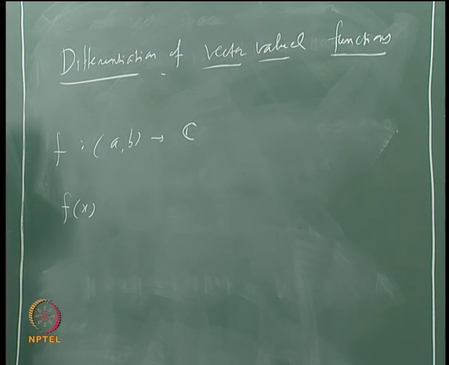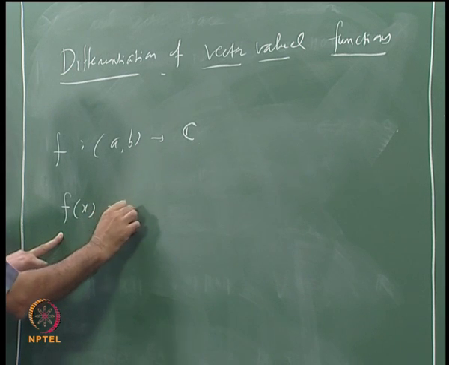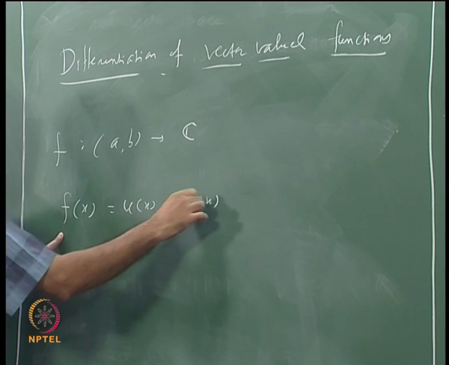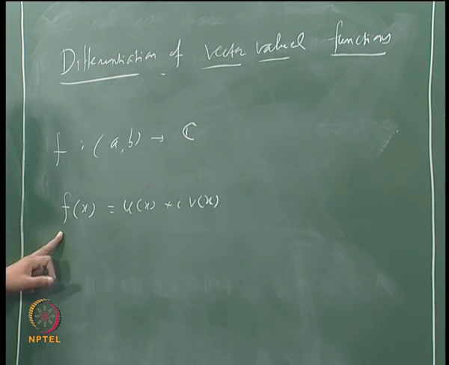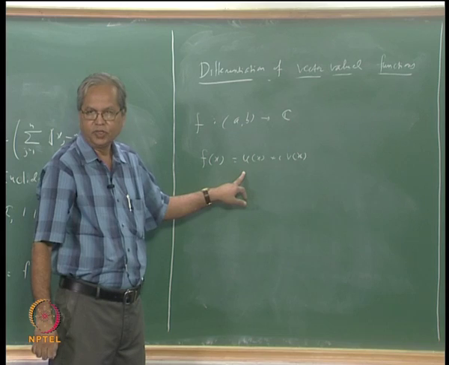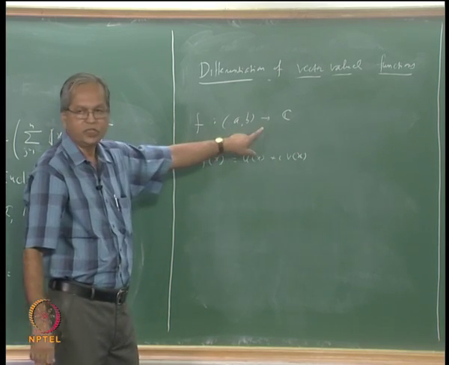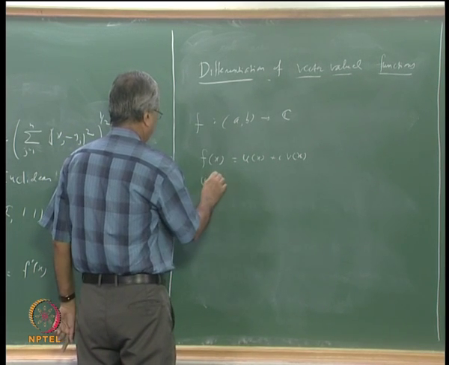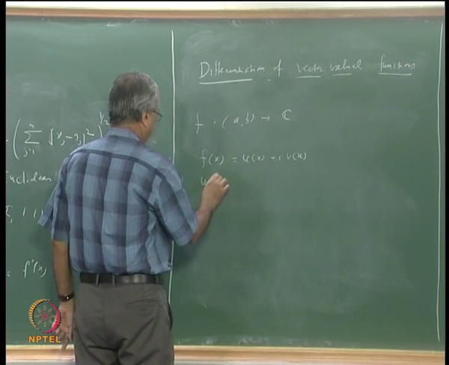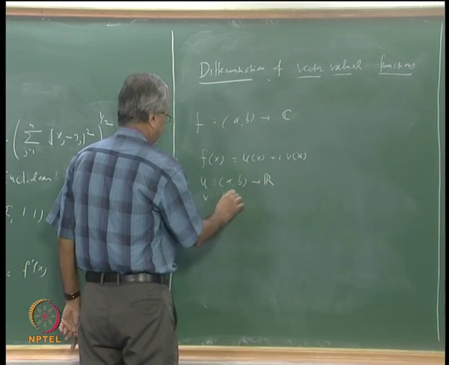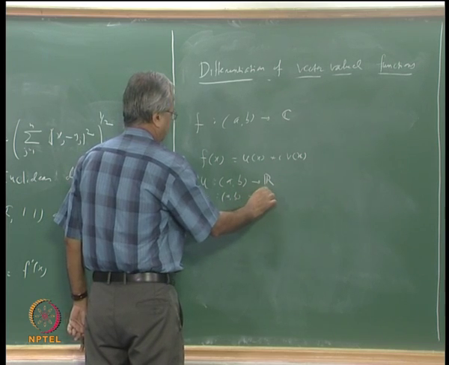So I call the real part u(x) and the imaginary part v(x). Then for each x in (a, b) you have defined these two real numbers. In other words, every such complex valued function leads to two real valued functions u and v, both from (a, b) to R.